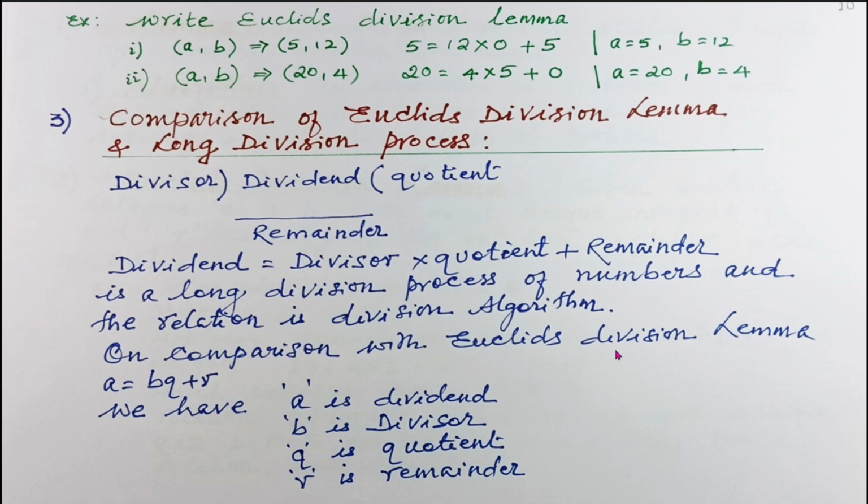On comparison with Euclid's division lemma, a is the dividend here, b is the divisor, q is the quotient, and r is the remainder. Therefore Euclid's division lemma is nothing but the division algorithm, or the long division method of dividing numbers.